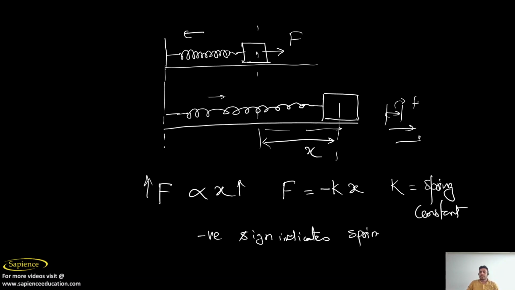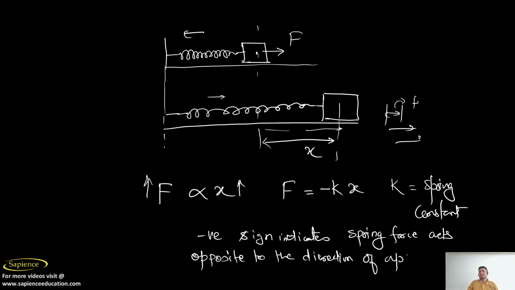Spring force acts opposite to the direction of the applied force, okay. Let us see here. If you are applying a force, the spring force will be F equal to minus kx in just the opposite direction.